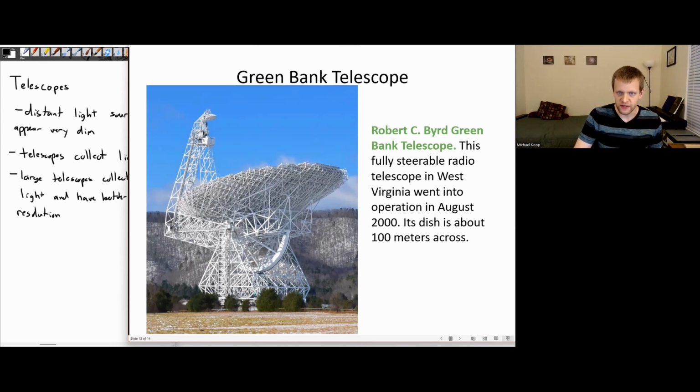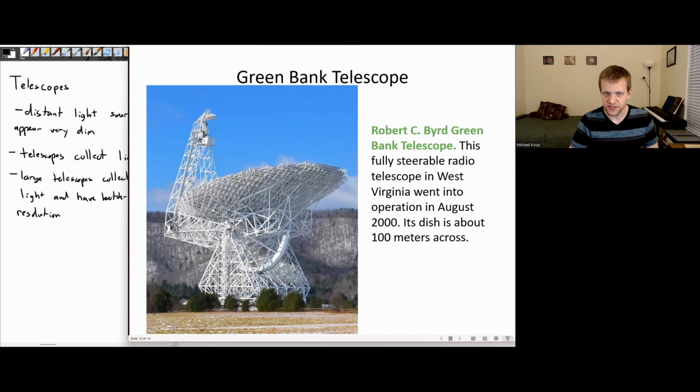And again, this is one of the largest radio telescopes, definitely the largest, I think, fully steerable one. There are other larger ones than this, but again, a very impressive scientific instrument. And this telescope, remember I said that we can link together multiple telescopes to basically act as one giant telescope.